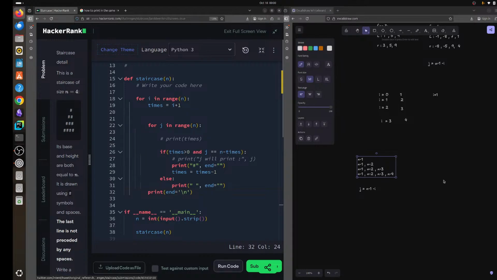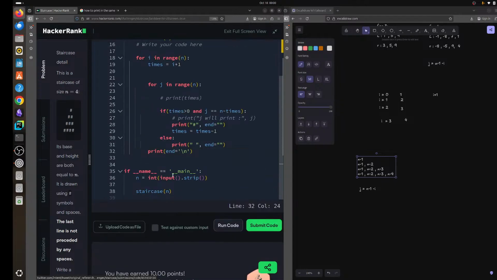Then we thought okay, i minus 1, i minus 2, the same type of logic we can use: if j equals n minus 1 minus i. This is wrong logic, because when this condition is satisfied, it will print only one time.